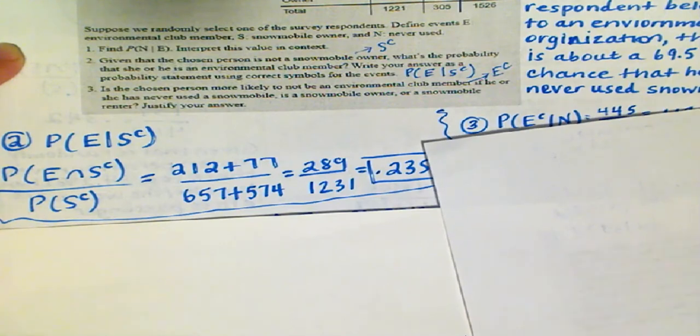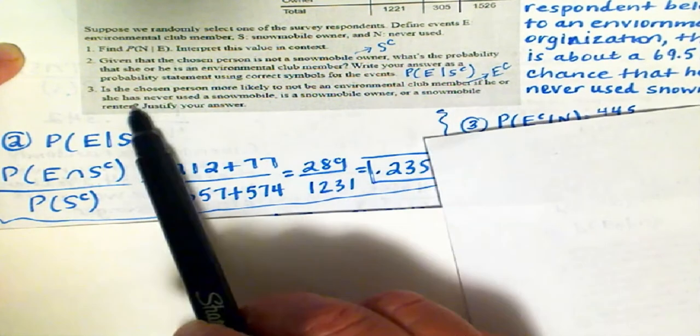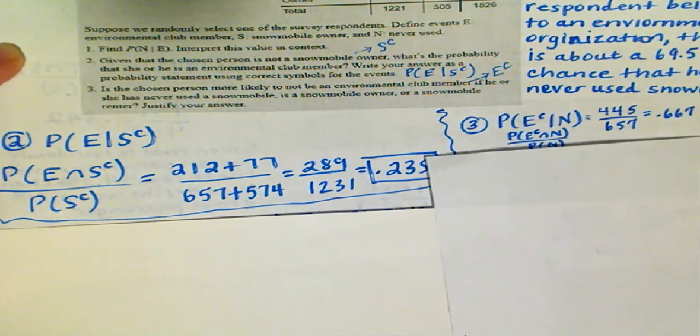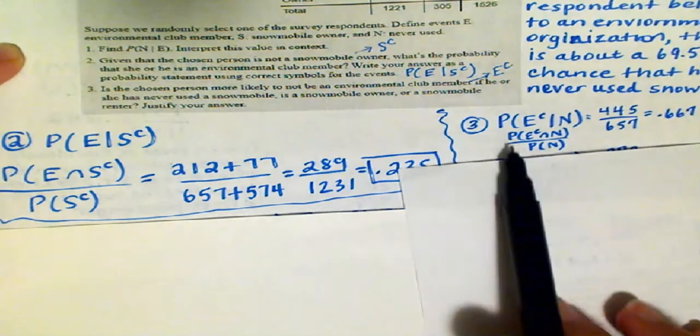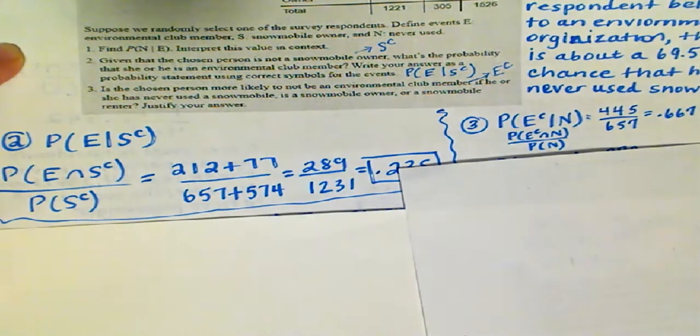So the conditional part is actually the part after the if, they never used a snowmobile. So what you're going to do basically is find each of the 3 probabilities. I didn't read through the whole question. So is the person chosen more likely to not be an environmental club member if he or she has never used a snowmobile, is a snowmobile owner, or a snowmobile renter?